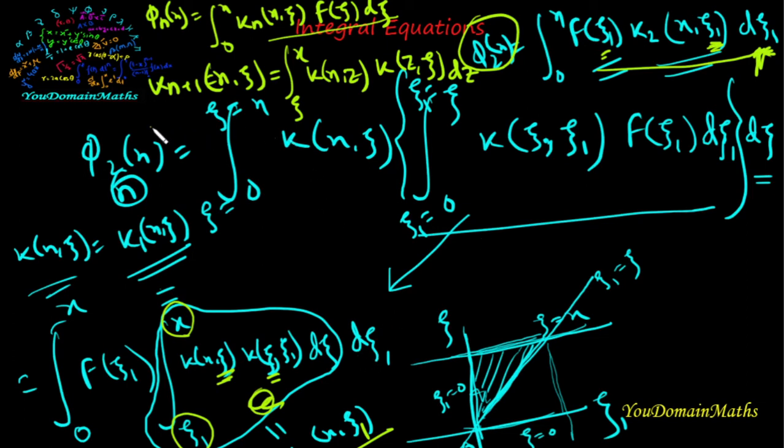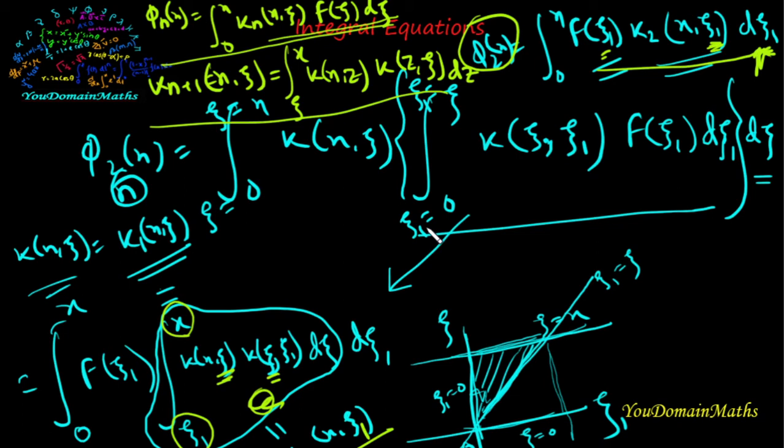So this is the general form of the iterated kernel, and this is the general term of the iterated function, the nth function. Now I will write this in the given function.